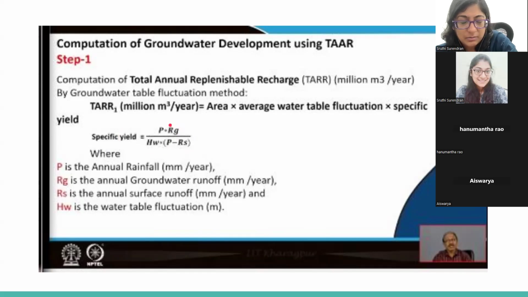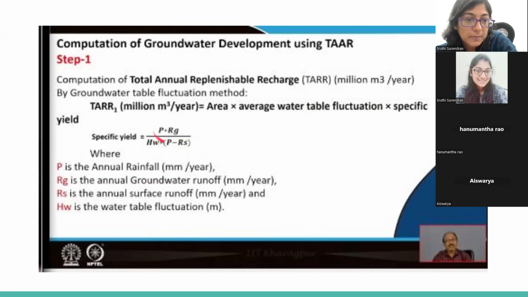I don't think this entire computation will be required, but they might ask you questions like: what is the first step in estimating TARR? Area into average water table fluctuation into specific yield.